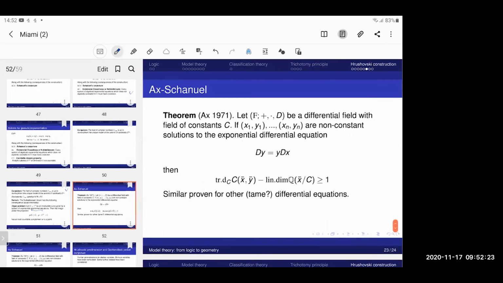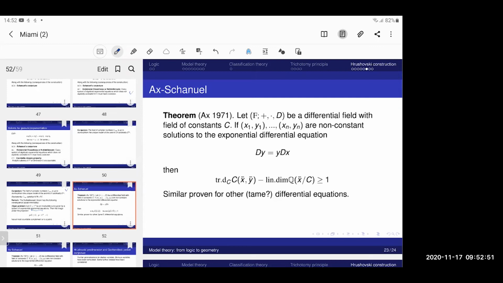Now, yeah, I'm coming close to the end. Let me now briefly mention also something about Schanuel, but in a proven form, and this is Ax-Schanuel, and it is proven in the context of a very important structure that I also mentioned before, this differential field. And the statement is this one.